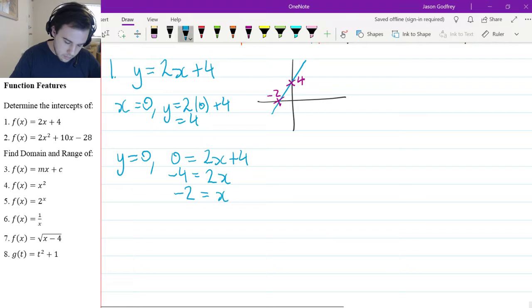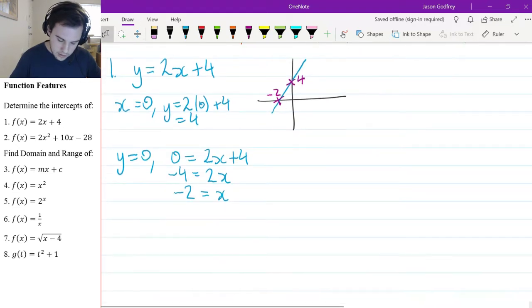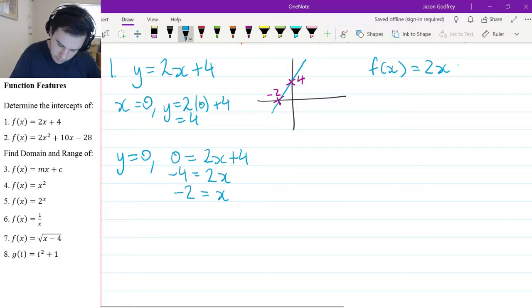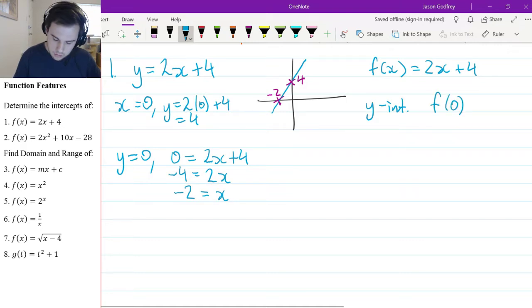So I'm just going to do the exact same thing now. The only difference is that we're going to start to use function notation, right? So instead of saying when x equals 0, well, we still are going to say when x equals 0, but we're describing our function as the output is given by 2 times whatever you input and then plus 4. So like we just did over there, when x equals 0, the y-intercept is going to be f of 0, when we put x equals 0 into the function.